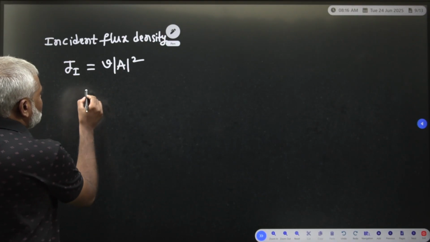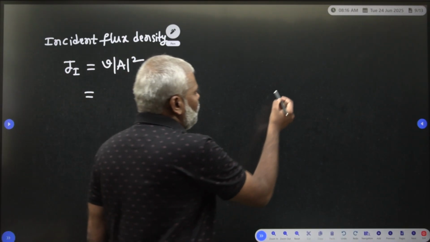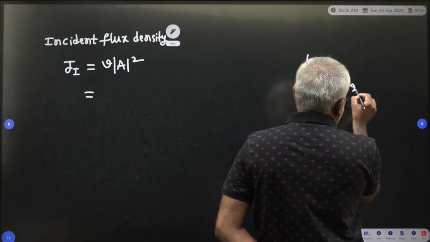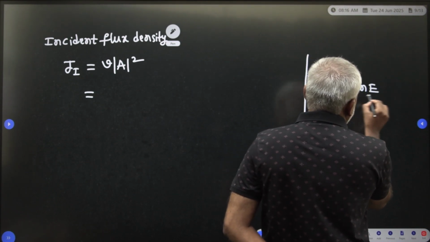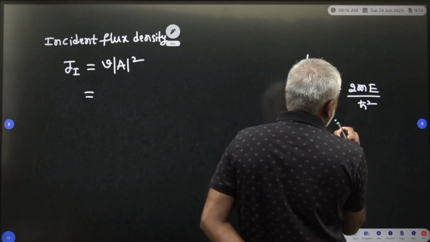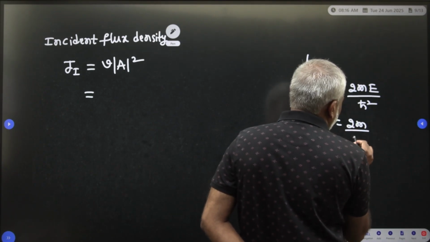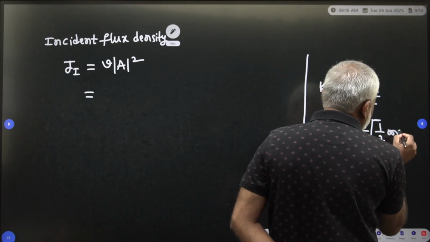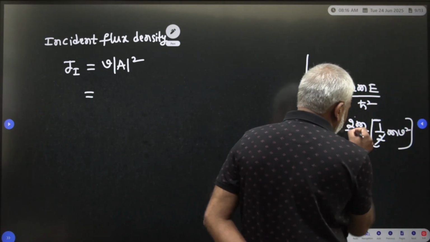What is the velocity? Yesterday we discussed that K1 square is equal to 2mE divided by h cut square, so 2m divided by h cut square into E, where E is equal to 1 by 2 mv square. This is the kinetic energy of the particle.